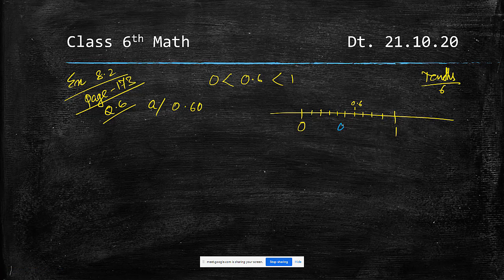Its before number is 0.5 and after number is 0.7, correct? So 0.60 lies between 0.5 and 0.7, correct?